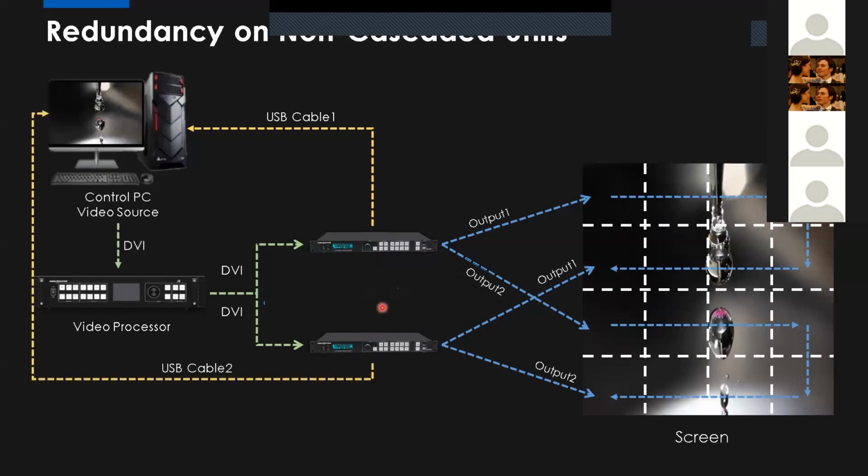And the last one, the only difference is here: 2 controllers will connect to the control PC separately. So there are 3 structures that show the different backups.